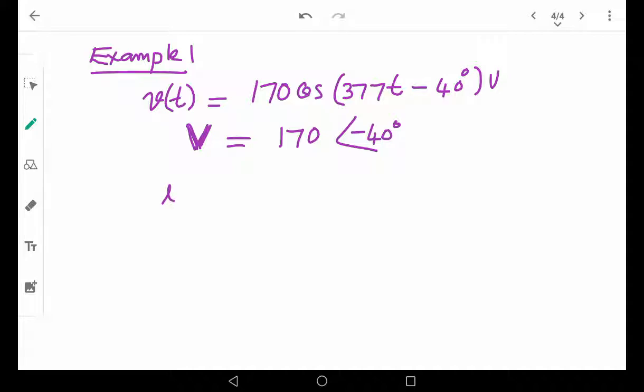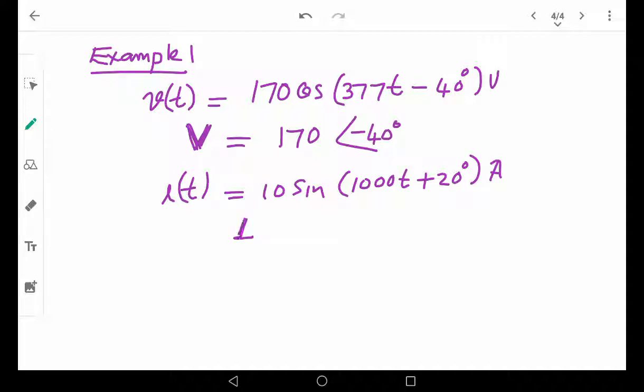Similarly, if you have a signal i(t) equal to 10 sin(1000t plus 20 degrees) ampere, the corresponding phasor has amplitude 10 and angle 20 minus 90, right?